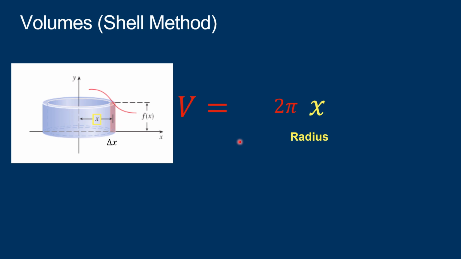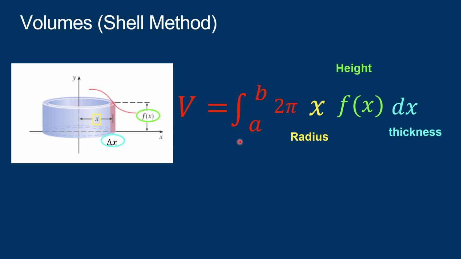You need the height, that's going to be f of x right there. Then the thickness is going to be dx. Then you put it together, the sum of all the volumes of thin shells, that's the integral from a to b. That's how you find the volume of the solid using the shell method.